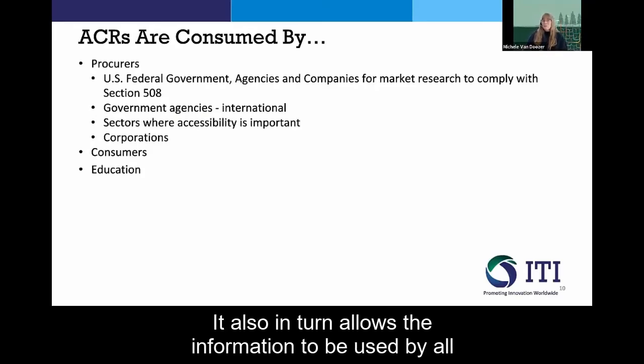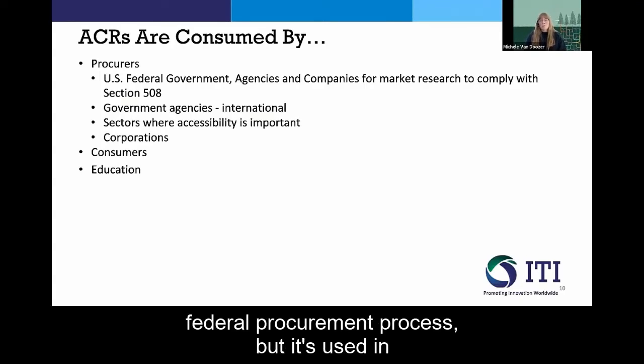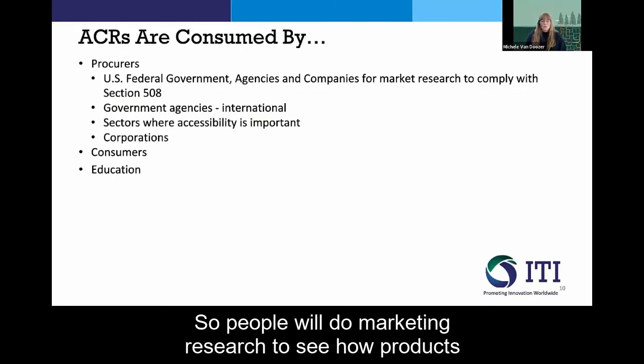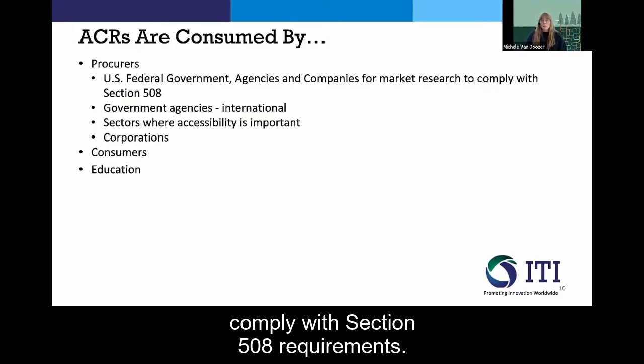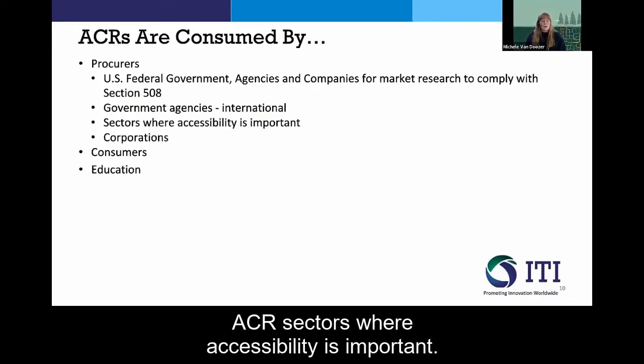It also, in turn, allows the information to be used by all sorts of groups. Yes, this was originally created as part of the U.S. federal procurement process, but it's used in a lot more places. People will do market research to see how products comply with Section 508 requirements. Government agencies, both U.S. and international, use the ACR.